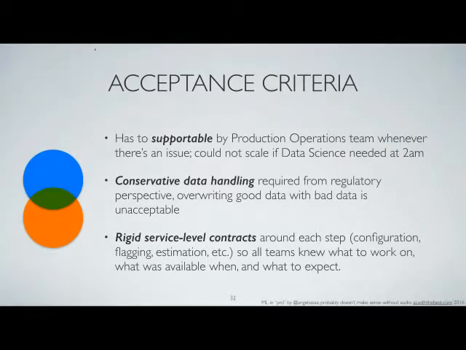The second piece is the data handling had to be very conservative. So in industry terms, when you have a regulatory body that's looking at the data that you are presenting as causal to some kind of activity, if you attribute to your activity, the corporation selling something, if you say you're responsible for something happening that actually turns out you aren't, that's a false positive, but the industry looks at that as fraud.